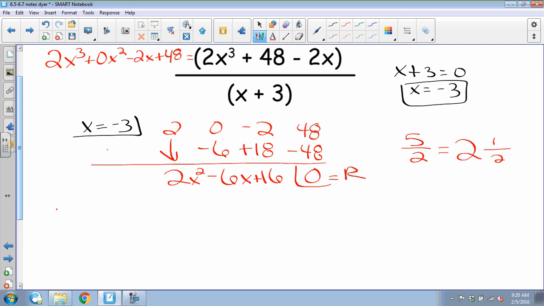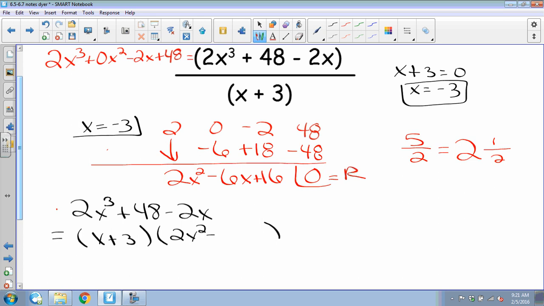Okay, so 2x to the 3rd minus 2x plus 48 equals my first factor, which was x plus 3, times my second factor, which was 2x squared minus 6x plus 16. Now, if I told you to factor this completely, if I wanted to know all the factors, I would check and see if I could do the AC method with this and see if it factors further.